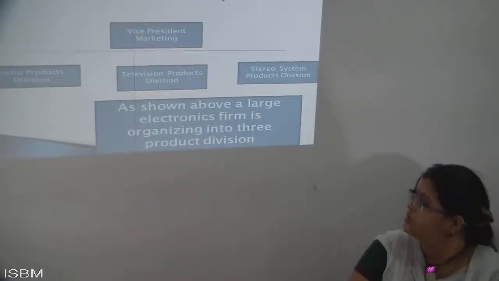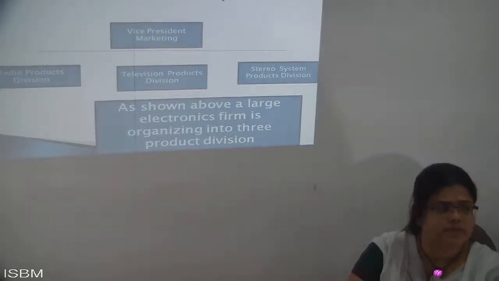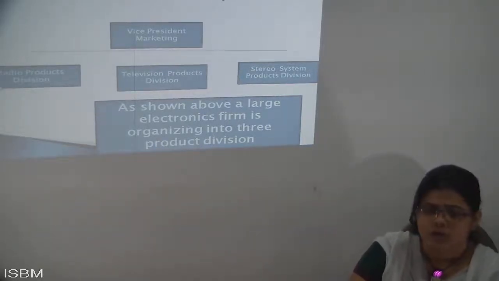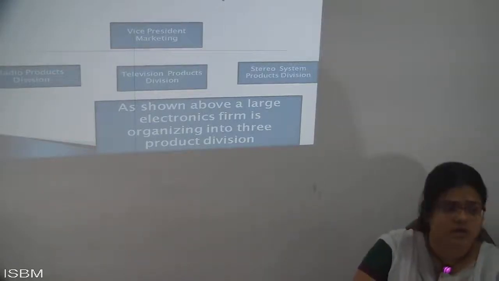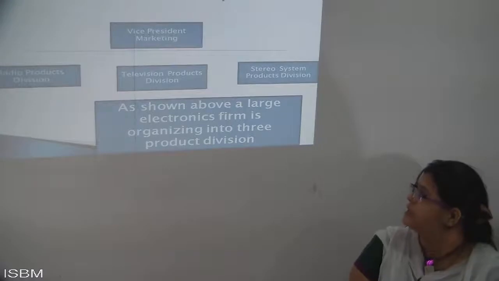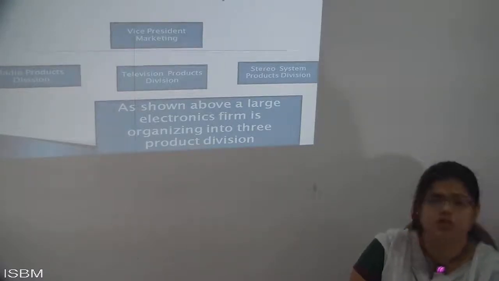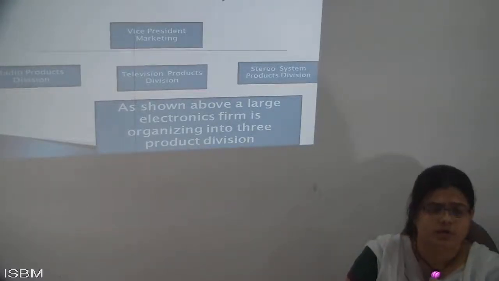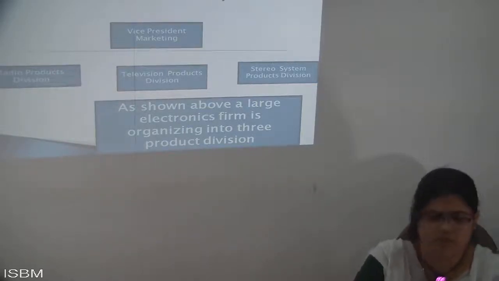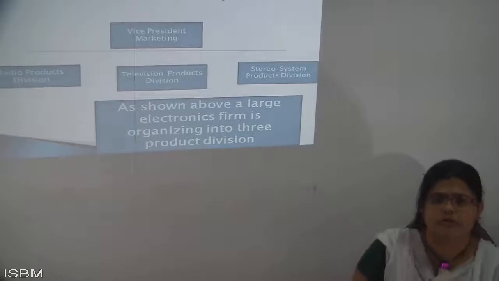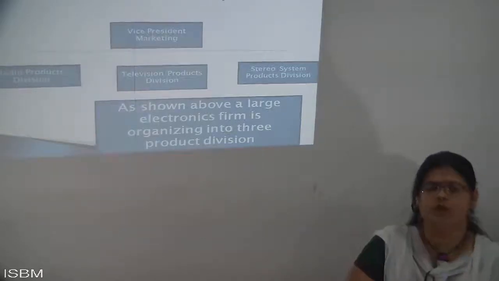The radio product division, the people selling the produced product, then the television division, then the stereo system division. This is a different way where the work is given and completed for the better zone which has been given into marketing.